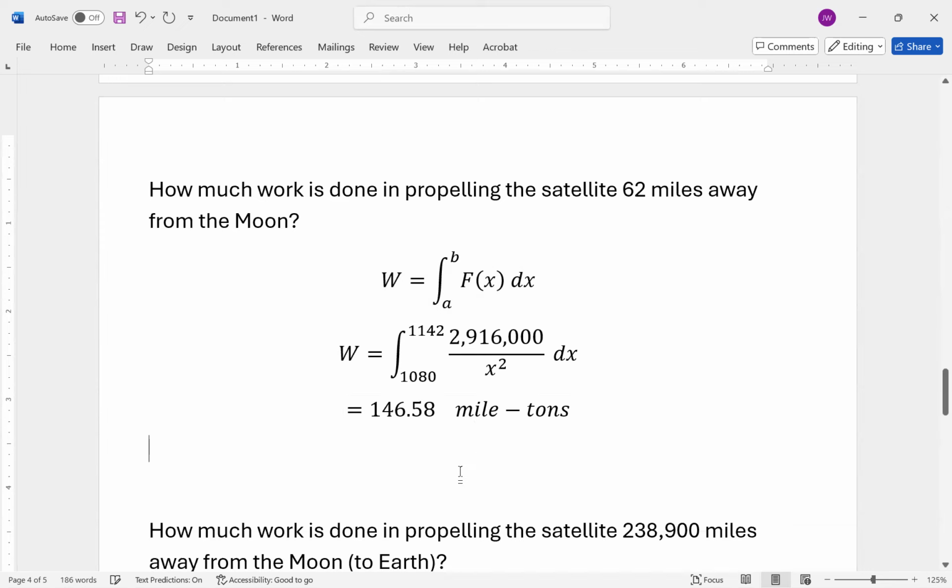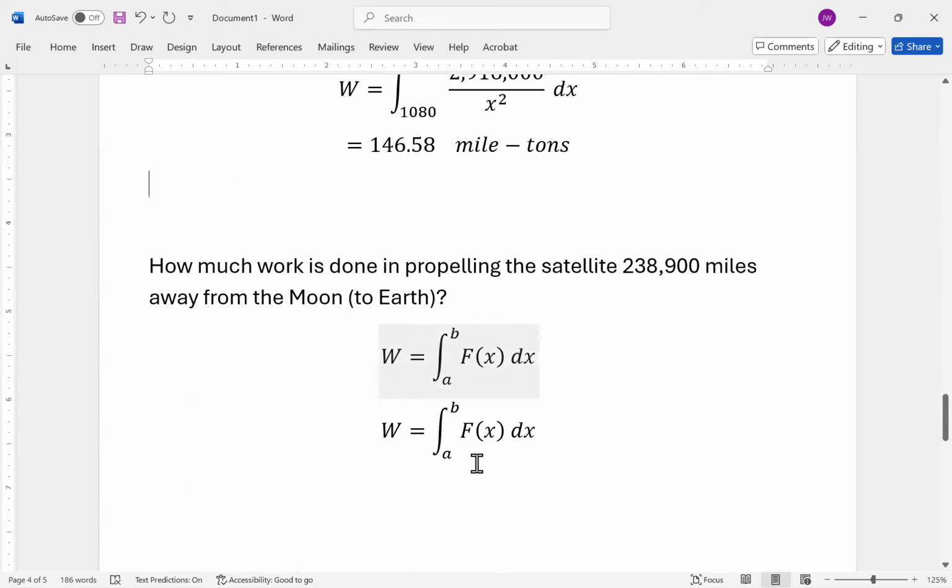Now you may say that's fine, but the Earth and Moon are very far away. Let's see how much work would be done in shooting the satellite off the surface of the moon to a distance away from the moon, which is equivalent to the distance to the Earth.